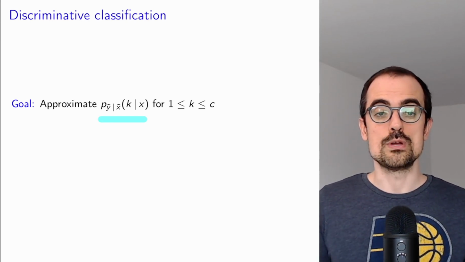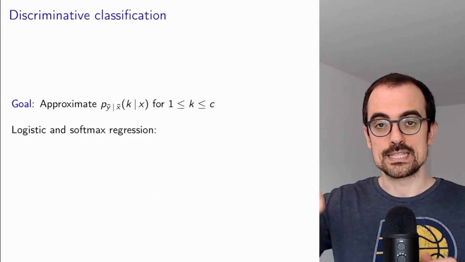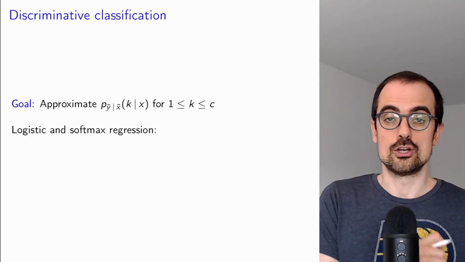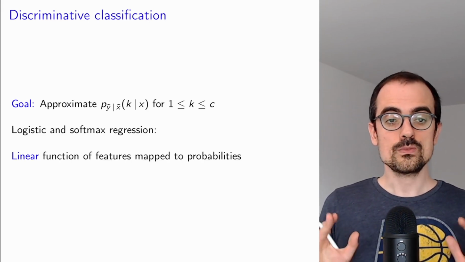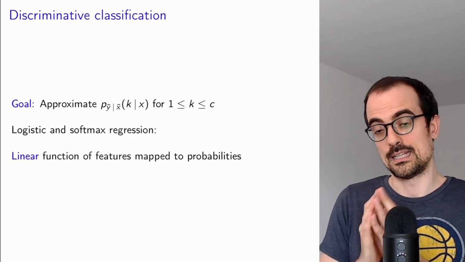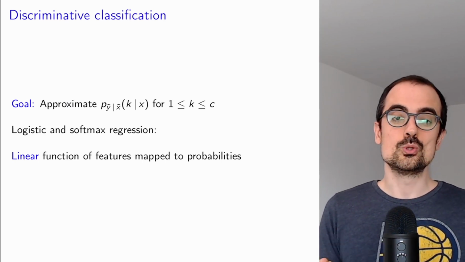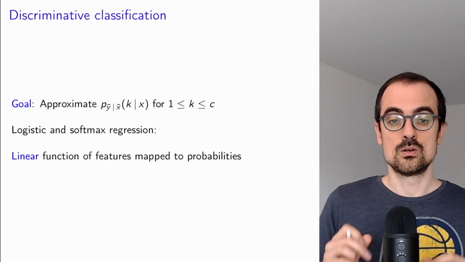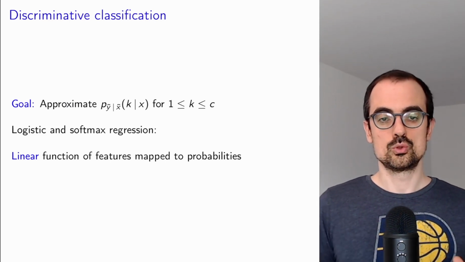There, the assumption we made was that we use a linear model that was then mapped to probabilities either by the logistic function or by the softmax function. So the classifier is going to just perform a linear operation on the features and then map that with a fixed link function to probability values.